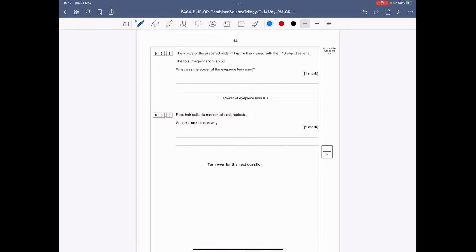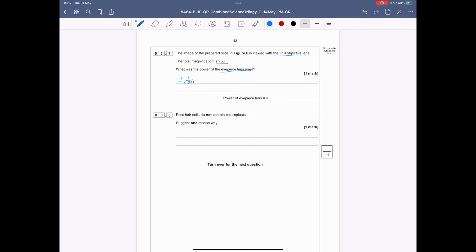Question 3.7 then. The image of the prepared slide in figure 6 is viewed with the ×10 objective lens. The total magnification is ×50. What is the power of the eyepiece lens used? So this is when you've got to know the equation for magnification of a microscope.